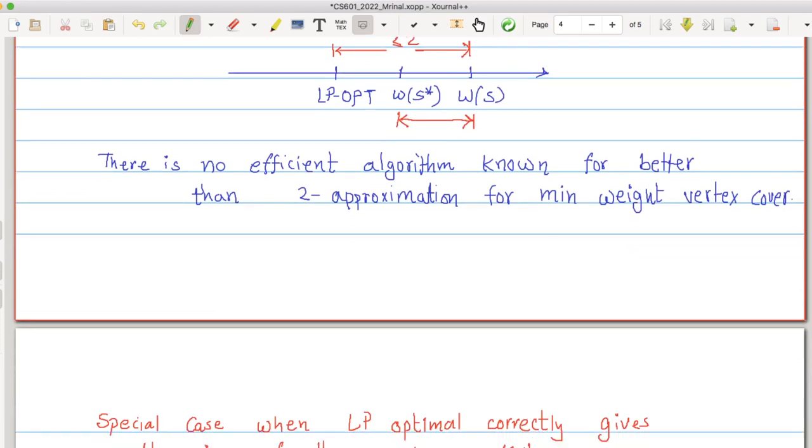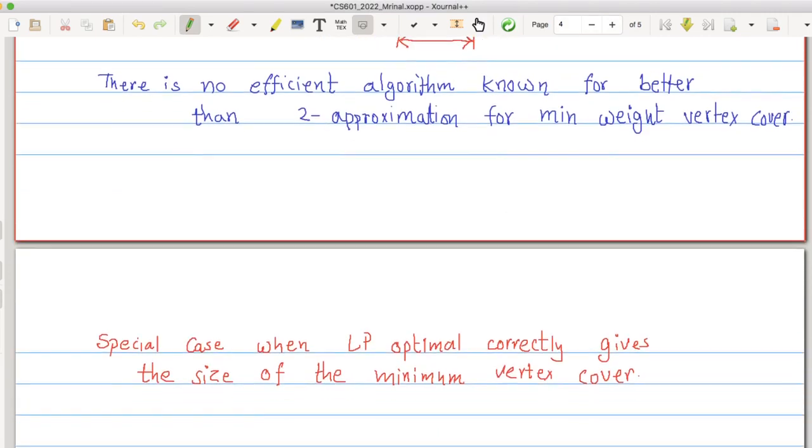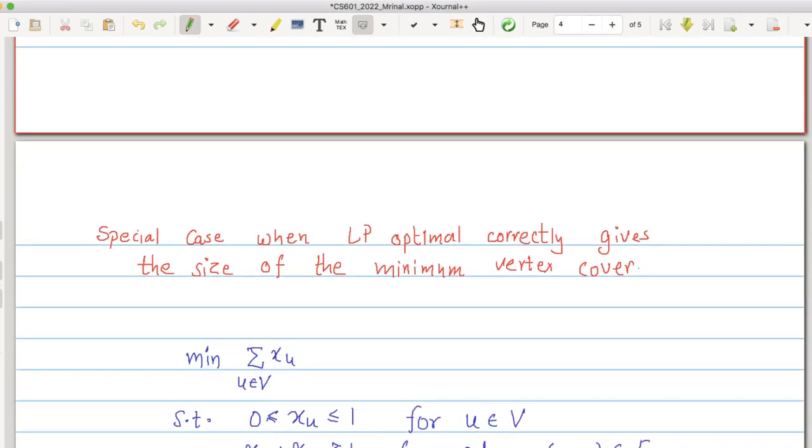So the next thing I wanted to tell you is, last time I said there are some special cases when the linear programming exactly captures your problem, right? What I mean by that is that the optimal value of the LP is exactly equal to the optimal value of your combinatorial problem.